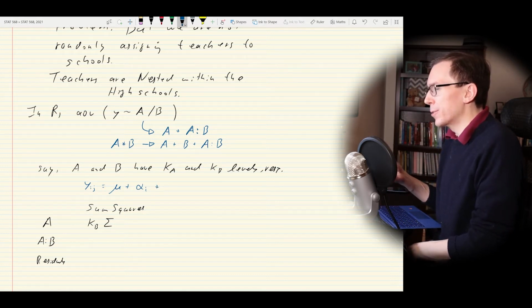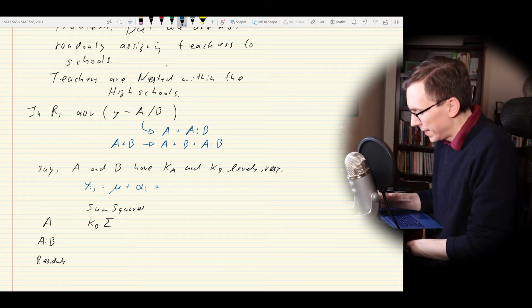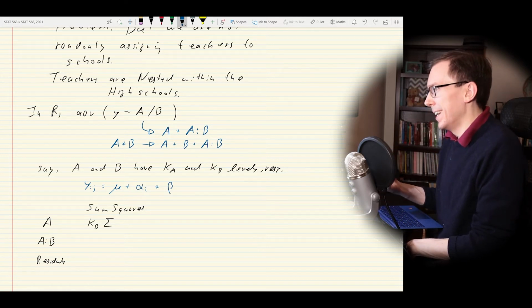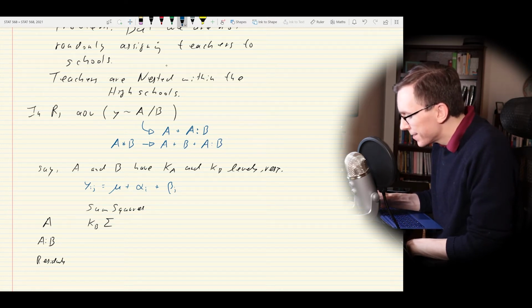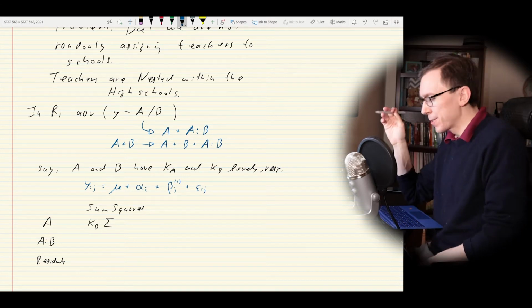So we could write it like the other interaction term. What I want to do is write it as beta to indicate that it's B, and we'll give it a j with an i up in the exponent here. And then we'll have our epsilon ij as always for our errors.